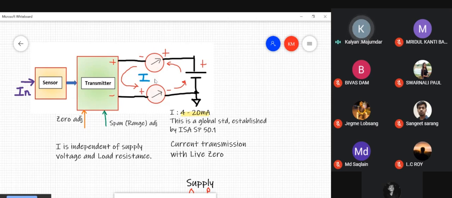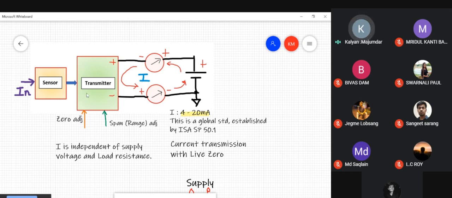Now, the value of the loop current varies from 4 to 20 milliamperes depending upon the value of the input. So this transmitter basically acts as a current source, rather a controlled current source. Why current source? Because this current flowing in this closed circuit, flowing in this particular loop, only depends upon the value of the input.